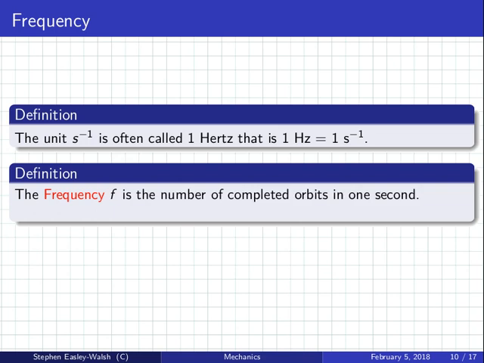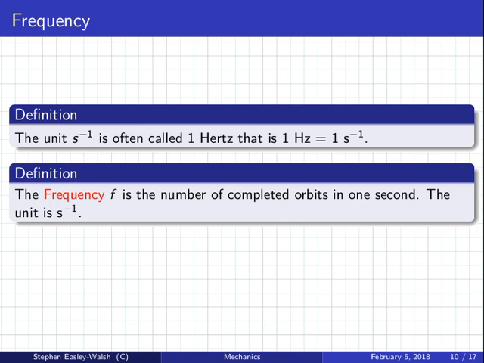So the frequency f is the number of orbits in 1 second, and the unit is the hertz. Got that? Yeah. Okay.